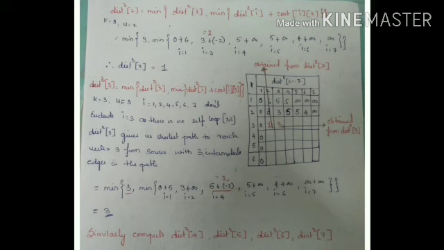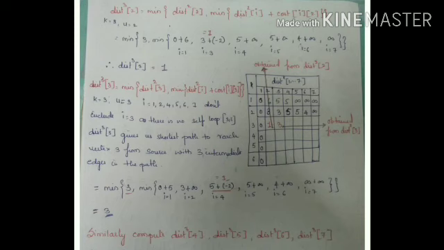As we know, for a given graph with 7 nodes, there will be at most 6 edges in the shortest path. So once we calculate dist raised to 6 of 2 to dist raised to 6 of 7, we come to the end of the problem. Right?